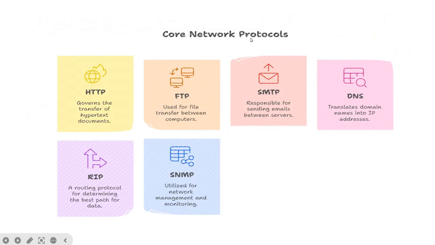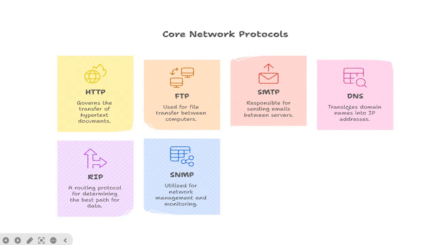These are the core network protocols of the application layer. HTTP, the Hypertext Transfer Protocol, governs the transfer of hypertext documents. Then you have FTP, the File Transfer Protocol, used for file transfer between computers, and SMTP, the Simple Mail Transfer Protocol, responsible for sending emails between servers.